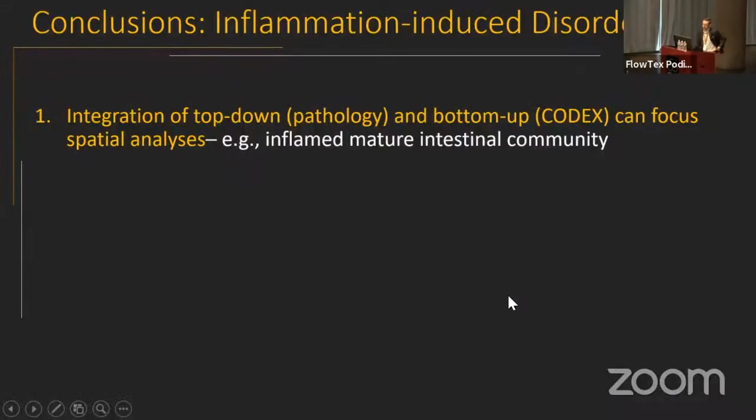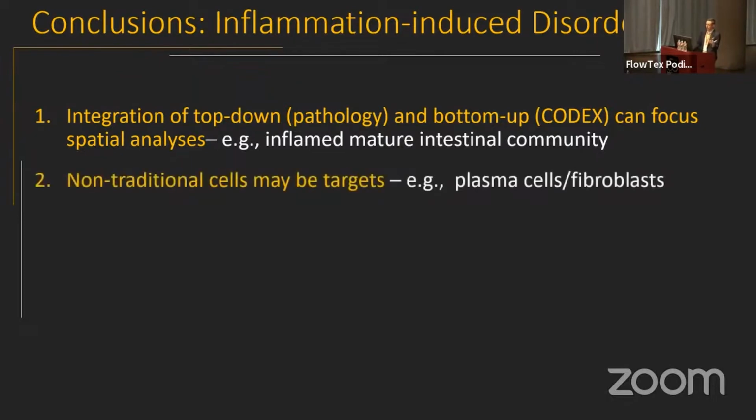So to conclude this part, integration of this pathology or this top-down approach with these molecular or cellular diagnostics, I think is really important to further understand some of these unsupervised methods and data that we get. I didn't talk about this, but I think that there are plasma cells and fibroblasts from our data suggest that we can target those cells as well.